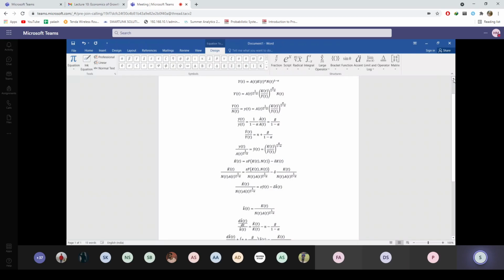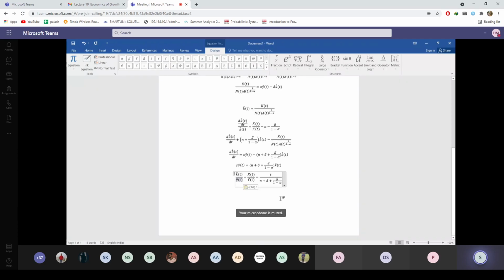How do I define my state variables in such a fashion so that its time derivative at the steady state I can set to 0? You have to first see the production function, and then decide in this fashion. First you decide what is the per capita growth, what is the physical growth, and then you will find out what should be the factor I should divide Y by on both sides. And accordingly your steady state value will change.